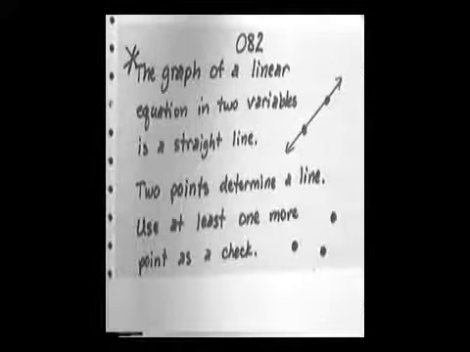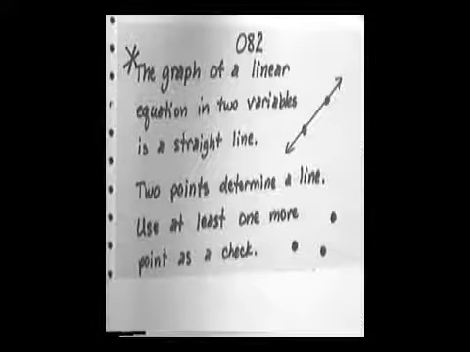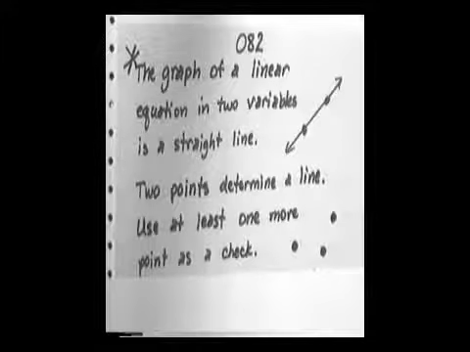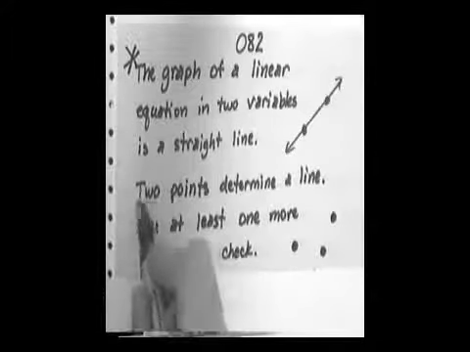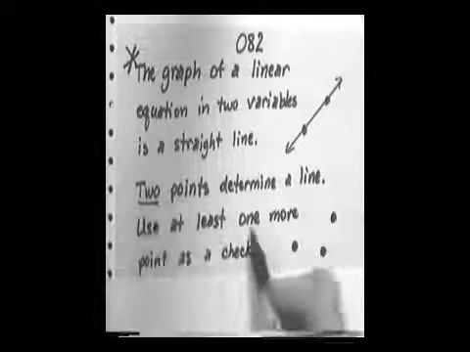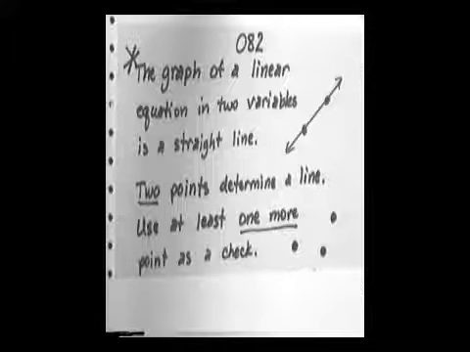But one more point will tell me that something is wrong if they do not line up. 2 points determine a line, but use at least one more point as a check. As we graph linear equations, that's exactly what I'm going to do. I'm going to find the 2 points and then one more. That is, I'll use 3 points in graphing a linear equation.